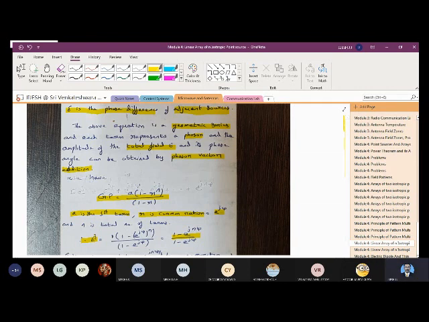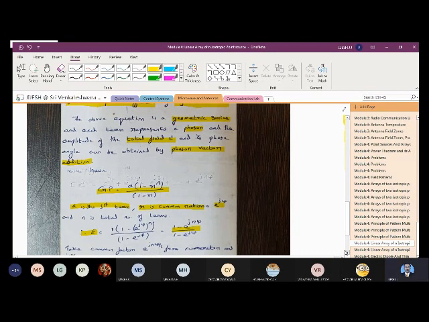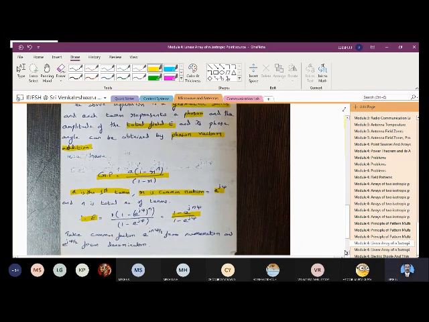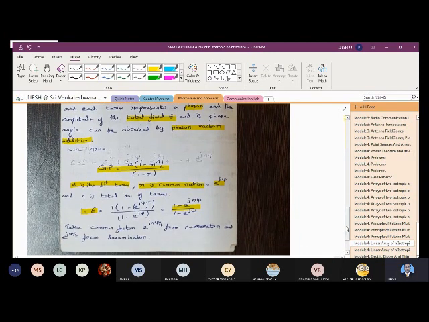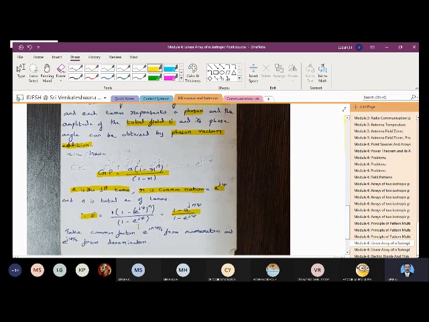So we get E is equal to 1 minus e to the power of j n psi divided by 1 minus e to the power of j psi. We are going to simplify this equation.